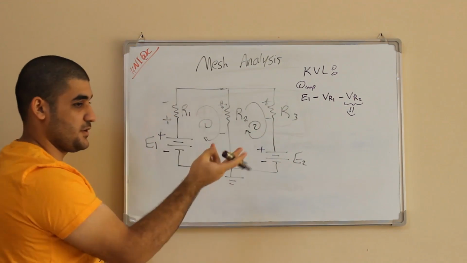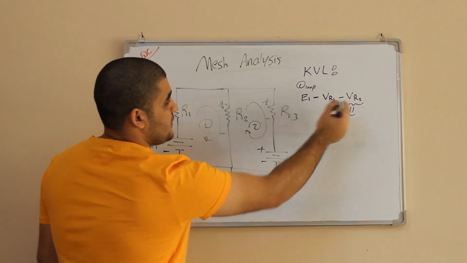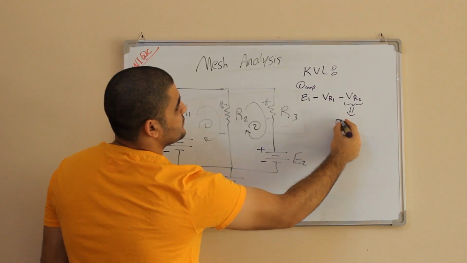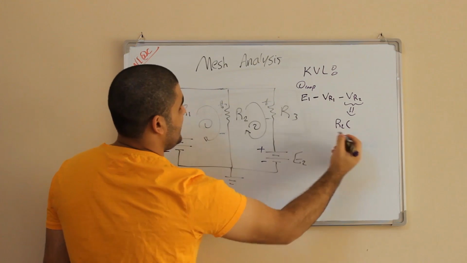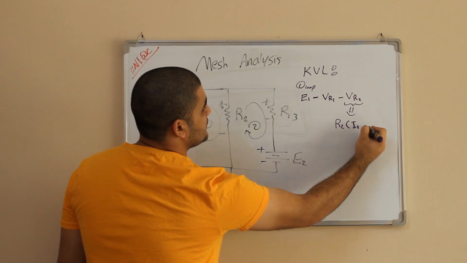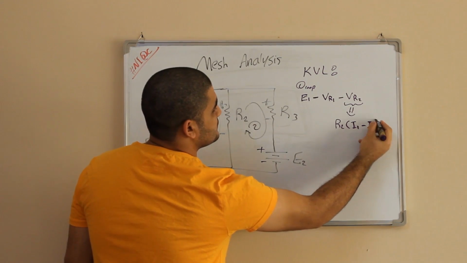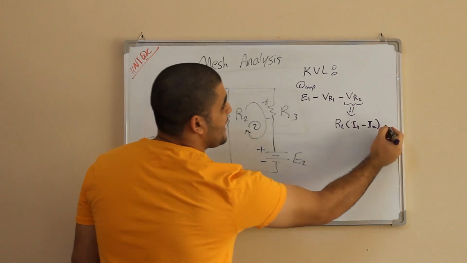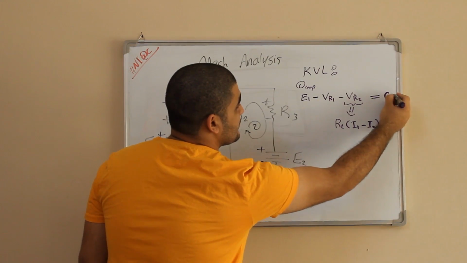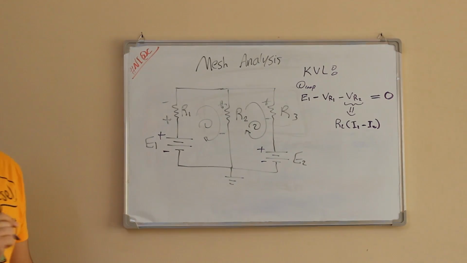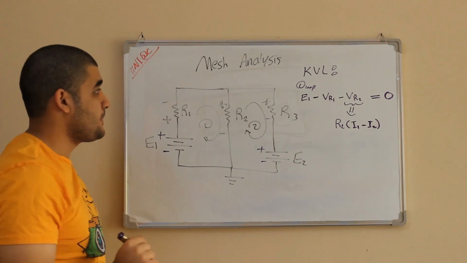And the signs will be reversed on the resistors. So VR2 is R2 multiplying I1 minus I2. And all of that is equal to 0. So that is the first loop of the mesh.